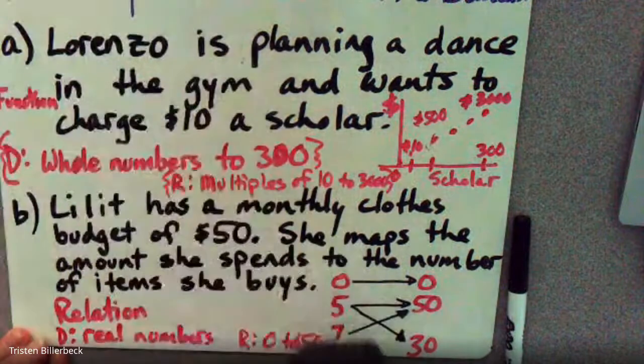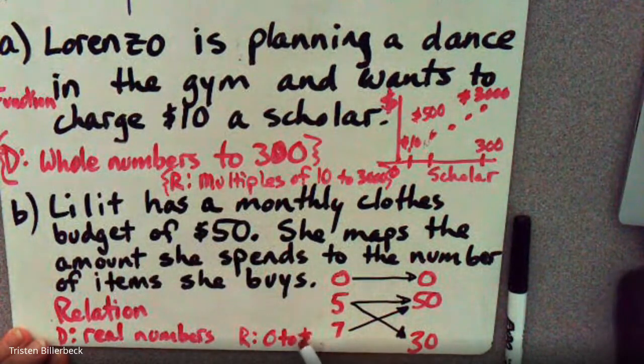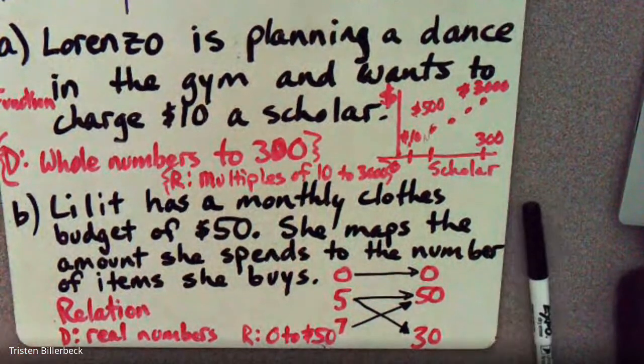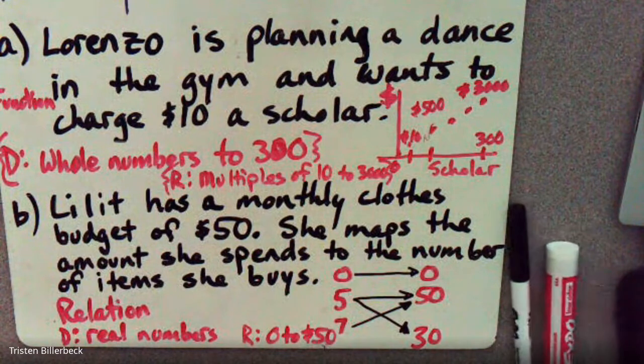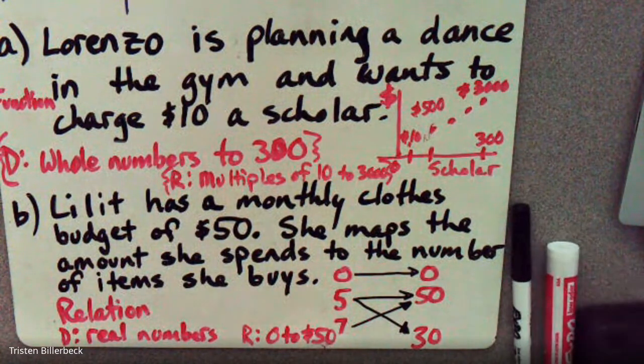Let me make that bigger so you can actually read that. So that would be the range for that. But the reason why I say all real numbers for the domain is you could buy thousands of funny monkeys probably for $50 if you found the right vendor. So you just don't know how much you can buy for $50.